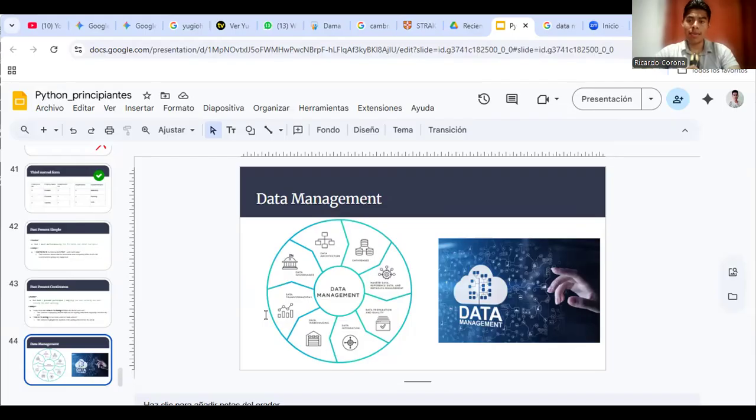So this is important in data management.